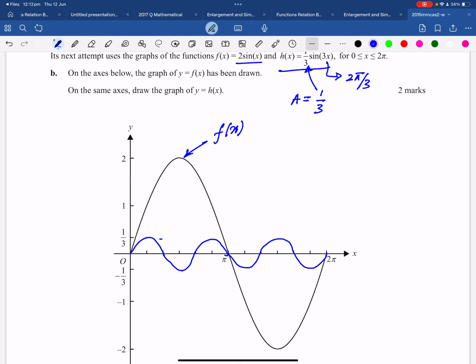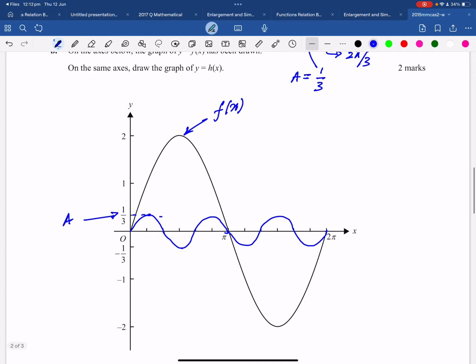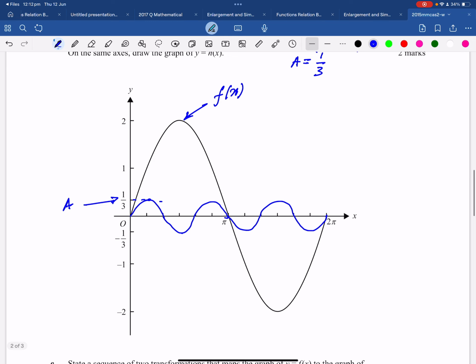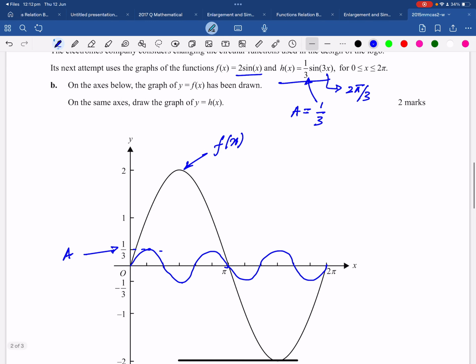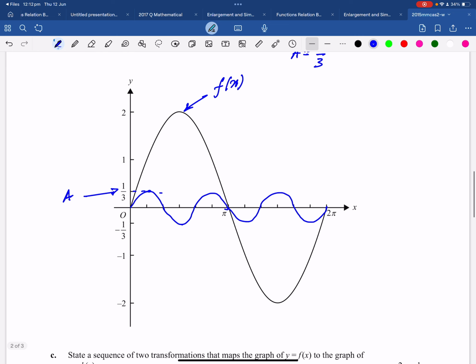So the amplitude part is going to be that, so this is your amplitude now. So that's h(x), which is 1 divided by 3 sin 3x.